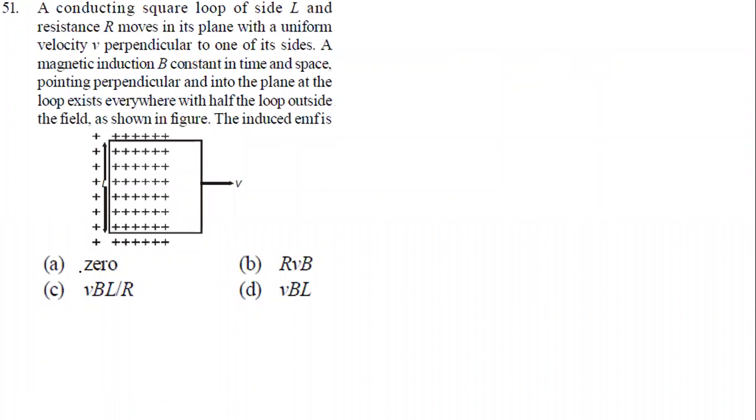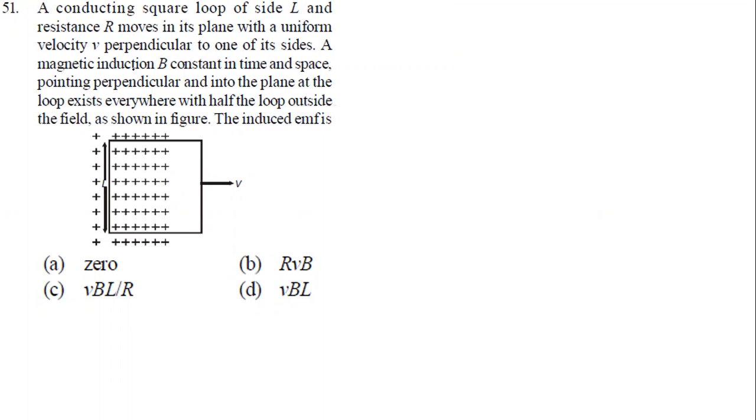Now look at this question. A conducting square loop of side L and resistance R moves in its plane with a uniform velocity v perpendicular to one of its sides, as shown in the diagram.